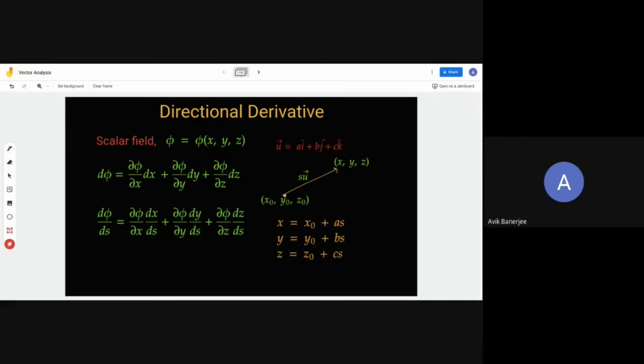If we go from x naught to x, that is x naught plus a into s. So x is basically x naught plus a into s. Likewise, what is the increment of the y coordinate? It is starting from y naught and it is going to b into s. So y is y naught plus b into s. Likewise, z is equal to z naught plus c into s.